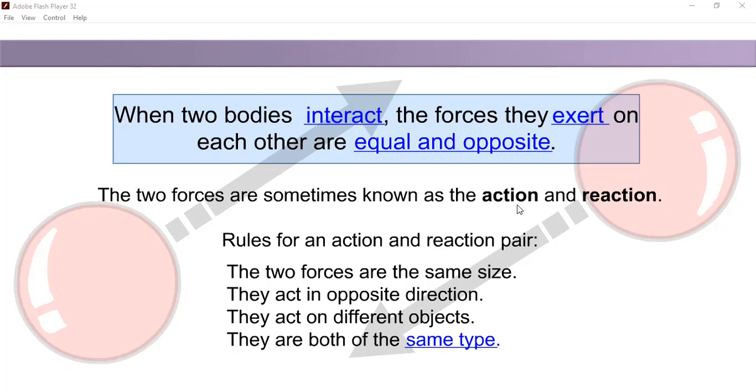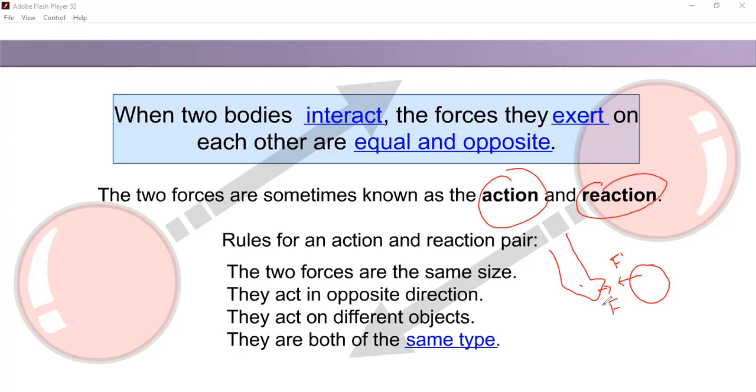Action is I do something. Still using the coconut, I apply my leg with a force of F. This is the action. When I kick, I feel pain, right? Because the coconut reflects a force to me. That is the reaction.